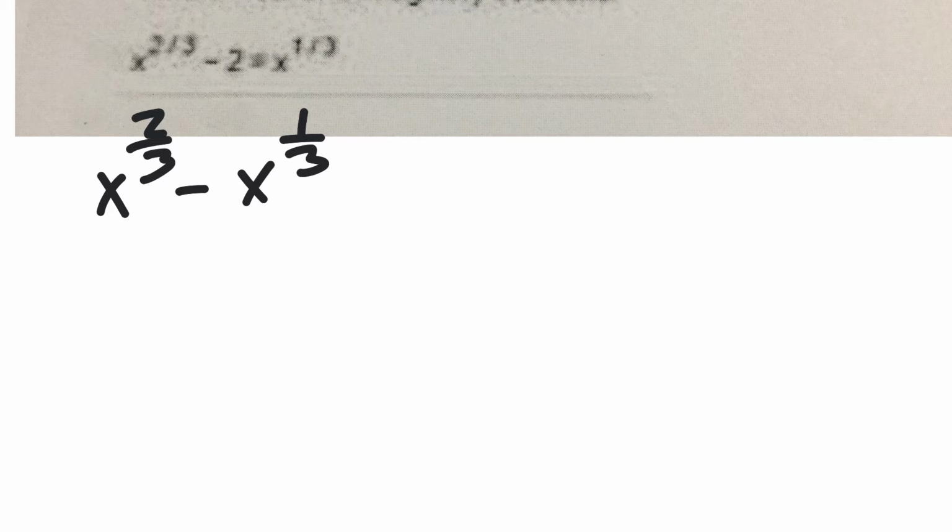So first thing I'm going to do is move everything over to the same side so I can really see it look like a trinomial. X to the 2/3 minus x to the 1/3 minus 2 is equal to 0.